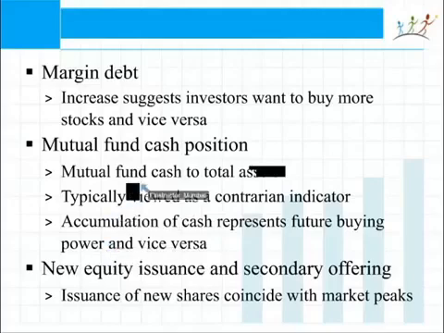Similarly, if mutual funds are not holding any cash, that is, they have invested all the money in the market, then in the future they may have to redeem or sell their assets, so there may be selling pressure. A low mutual fund cash position means sell. A high mutual fund cash position means you should buy, according to technical analysts.